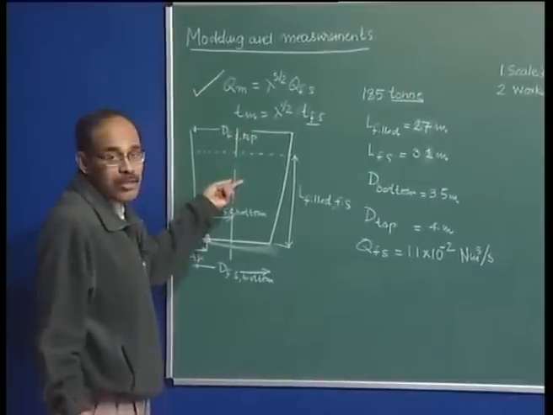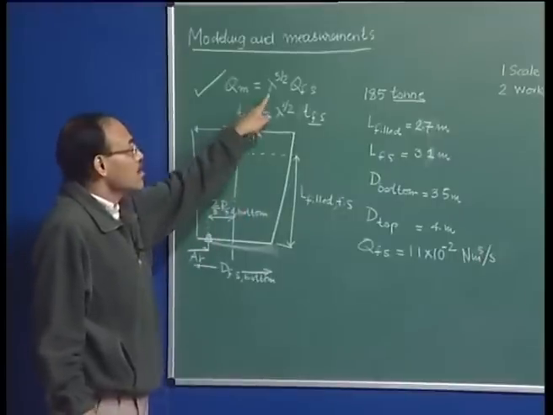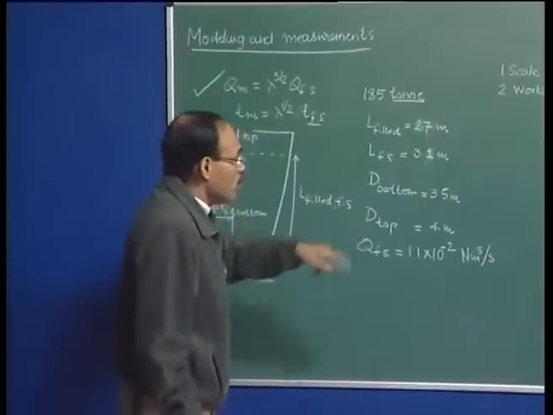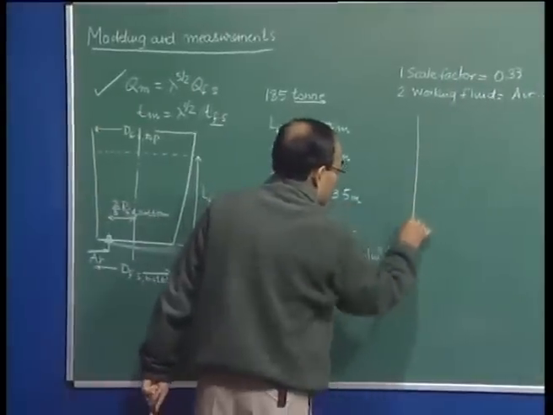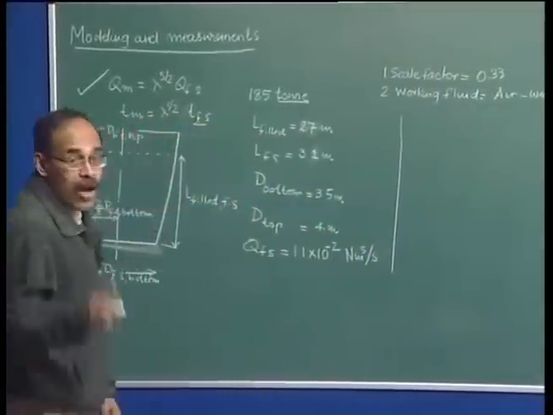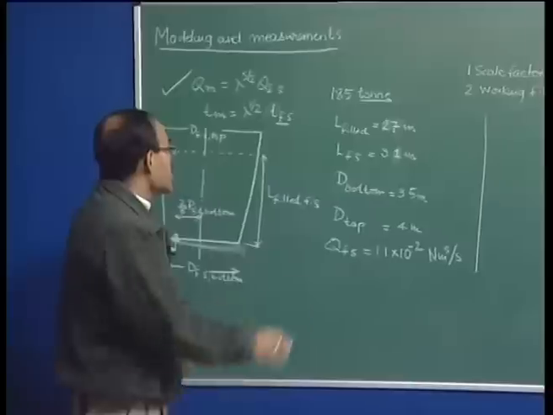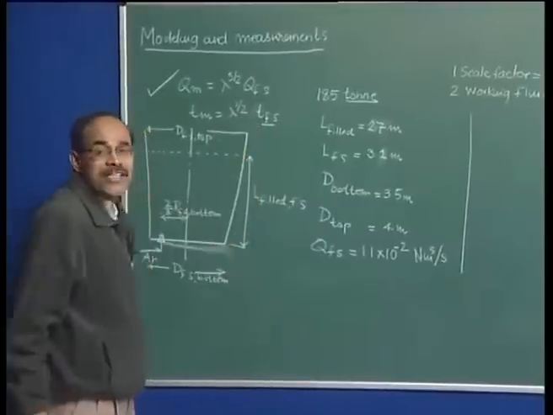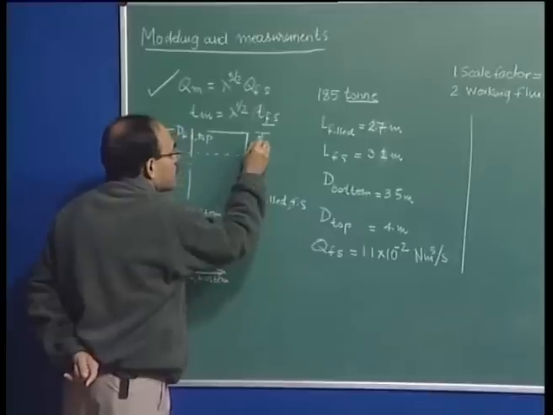So, in this case also that condition will hold good, and therefore, this is the flow rate scaling equation that will be used. So, now I can say that to have geometrical similarity, I understand this distance is redundant as far as you can see. This is called the freeboard actually. This is the freeboard.